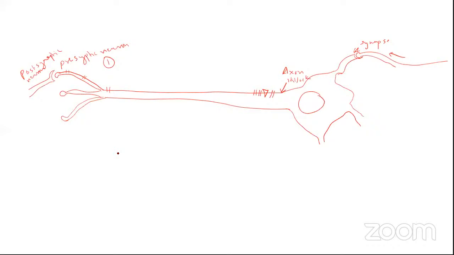Do you remember that when a neuron is stimulated, in order to relay that stimulation to the muscle to undergo contraction, what exactly happens? That will help you in remembering this portion as well, what exactly happens at the axon terminal. Sir, neurotransmitters are released.